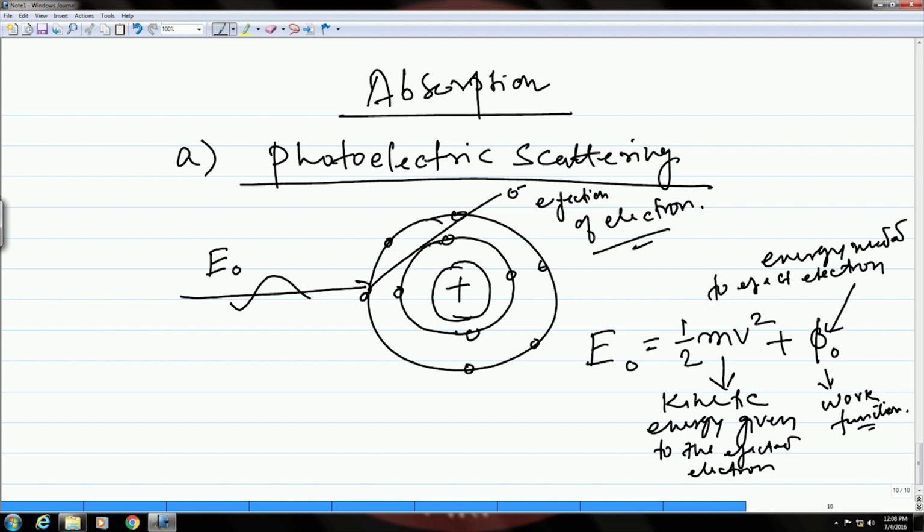So, a portion of the X-ray photon energy is going into ejecting the electron first, which is this phi naught or the work function, and the other portion is going into providing the kinetic energy to the ejected electron. So, that is why this X-ray photon energy E naught is being balanced by these two.